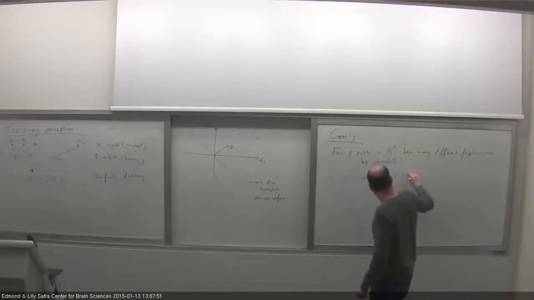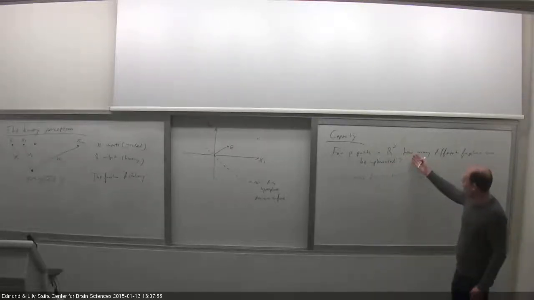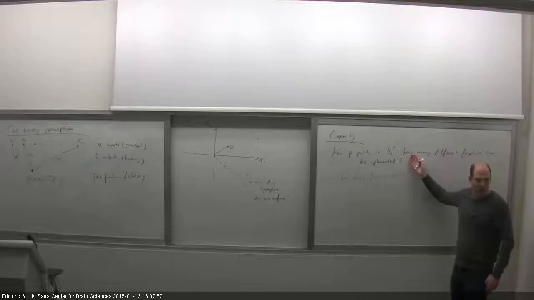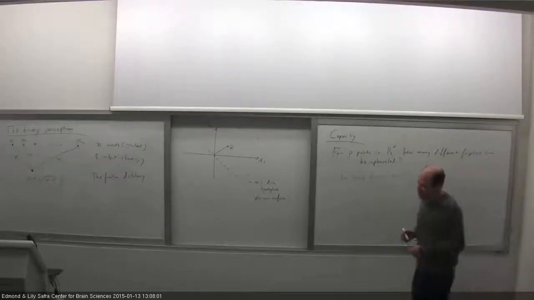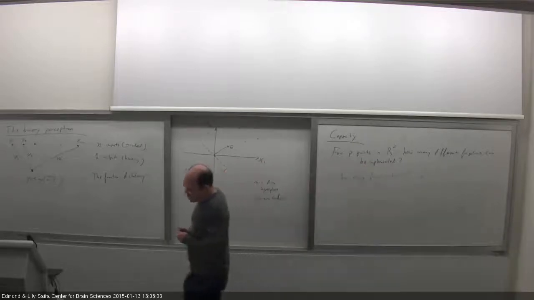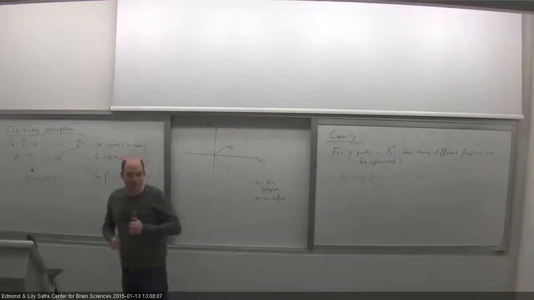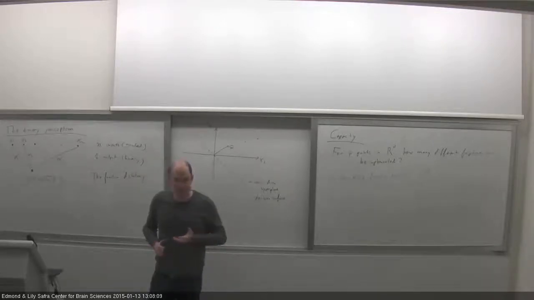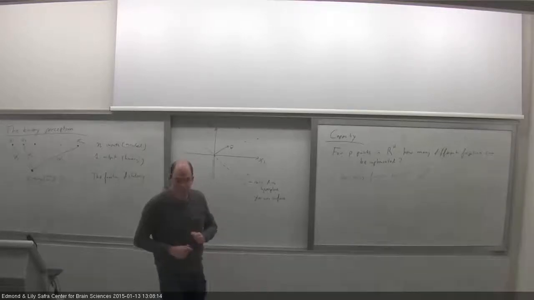The answer is 2 to the p. So the answer to our question will be anything between 0 and 2 to the p. Why can't we achieve all these 2 to the p? This is something that we need to discuss, and we will see.